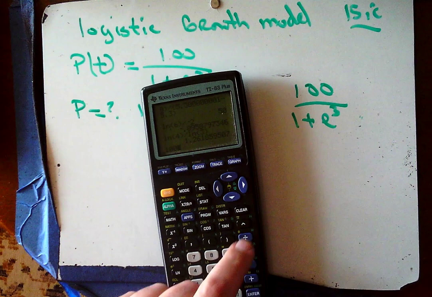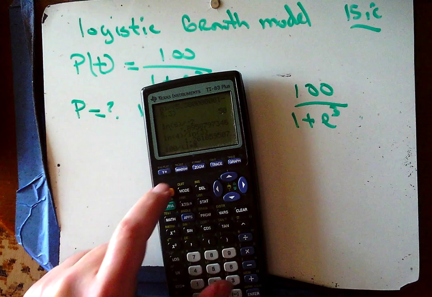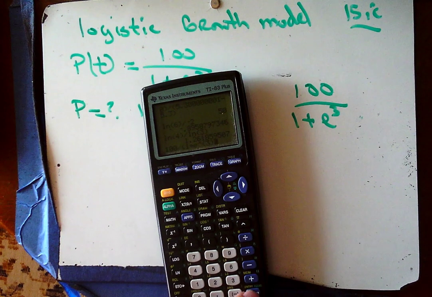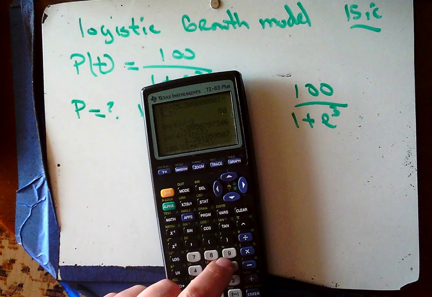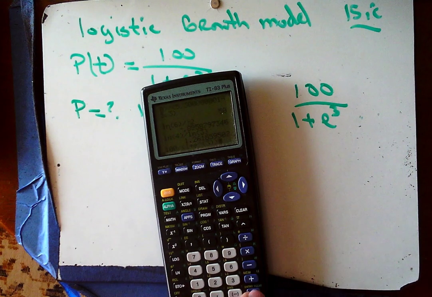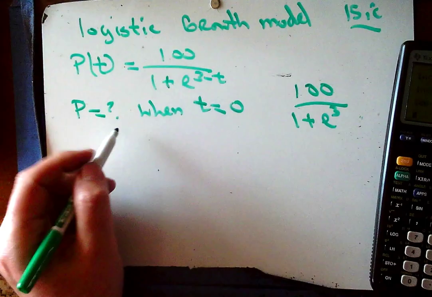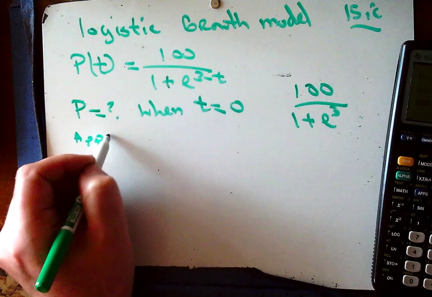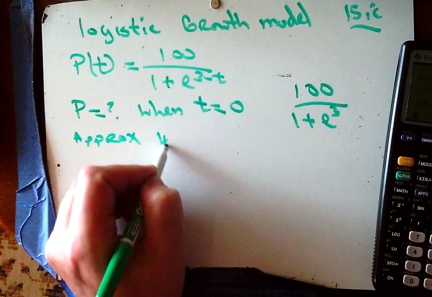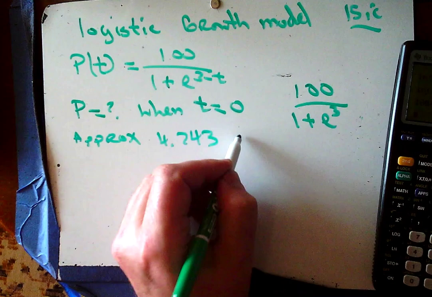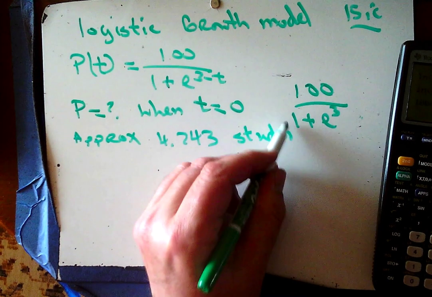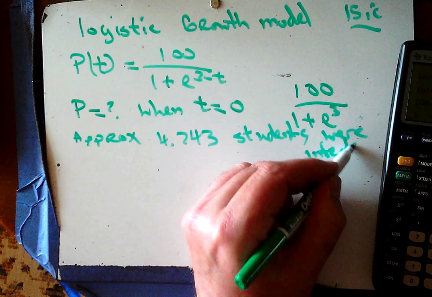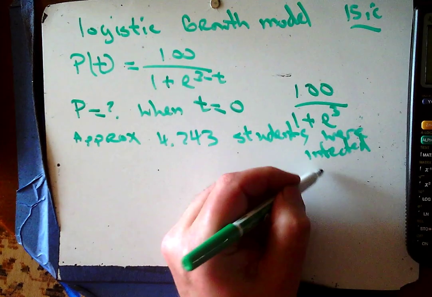Okay, so what is that? 100 divided by 1 plus e to the third, and I need to close two parentheses there. And I end up with approximately 4.743 students were infected originally.